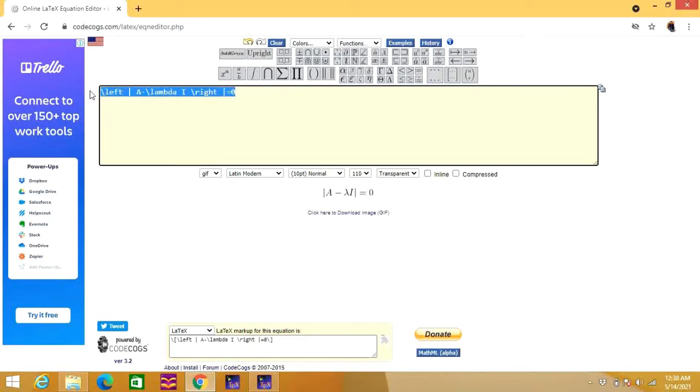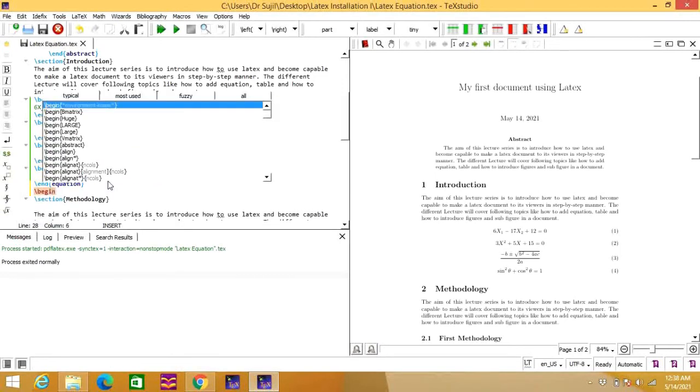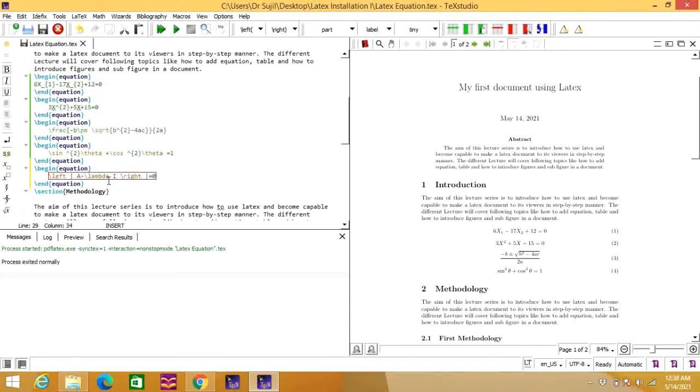Then Control C, we need to copy this, and now we are going to this file and we need to write slash begin equation, and we are going to paste this equation over here.